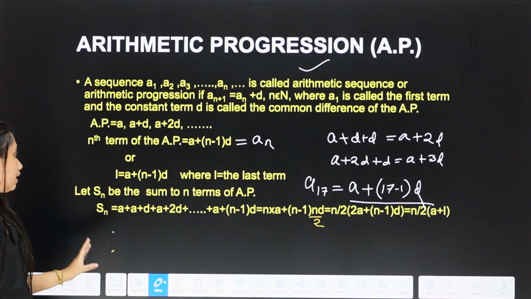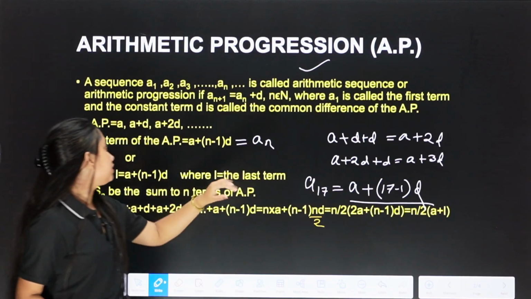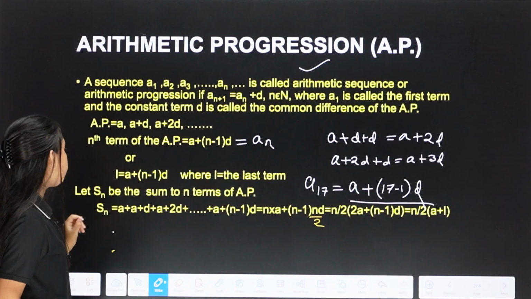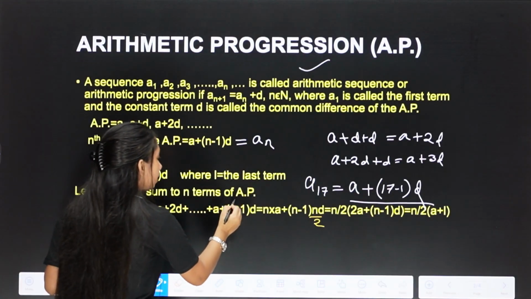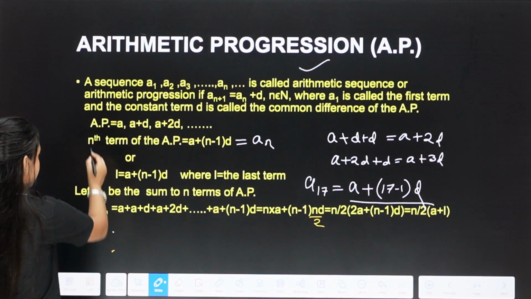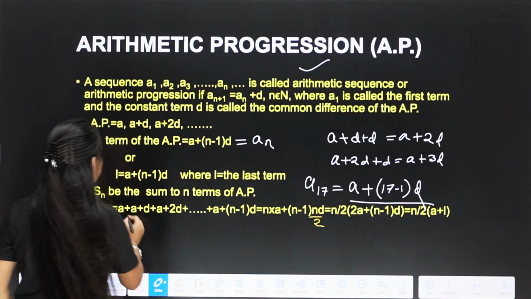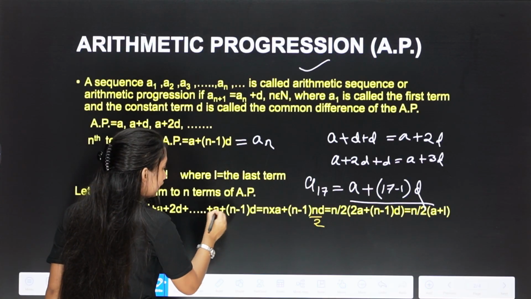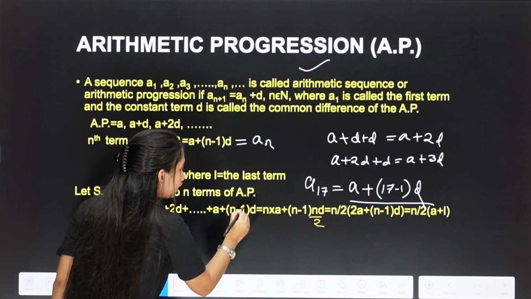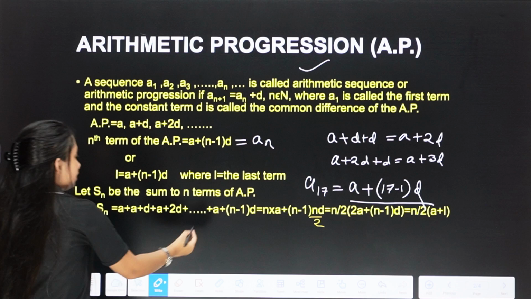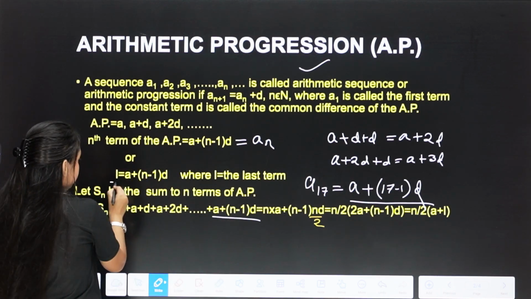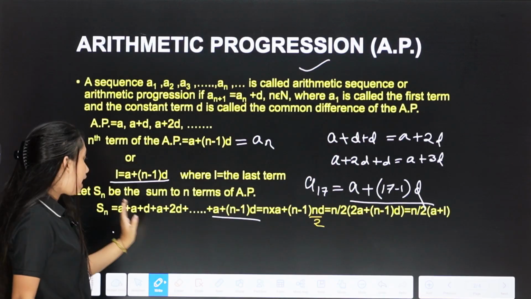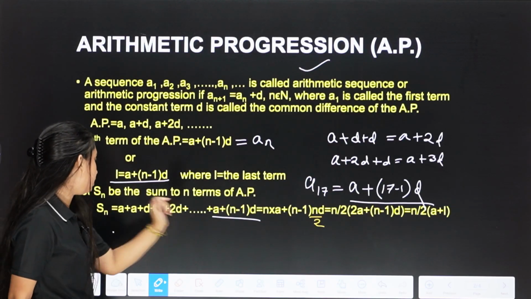So, if we are asked that we have a sequence A plus D, A plus 2D and so on, and we are asked to find the sum to n terms of the AP, then we will just add all the terms, that is A plus D, A plus 2D, A plus 3D, A plus 4D and up to A plus n minus 1 into D, since it is the last term. We can see that there are n numbers of A present in this sequence.